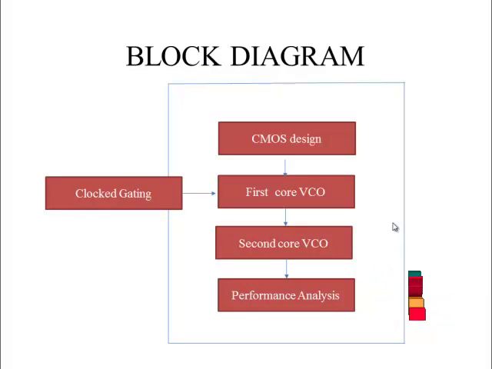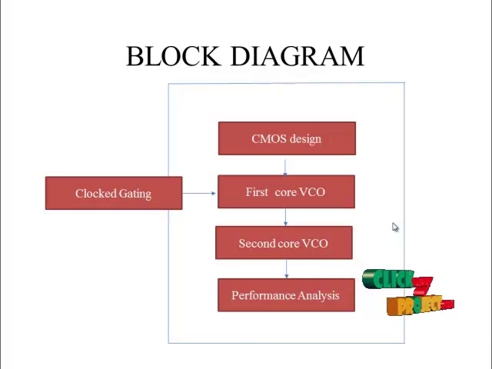Let's see the block diagram of our process. This is the functional block diagram as per the design methodology. As we already discussed, our design methodology is based on CMOS design. For this CMOS design, we use the Tanner EDA tool, and in the Tanner EDA tool we implement this methodology. Initially we design the VCO.